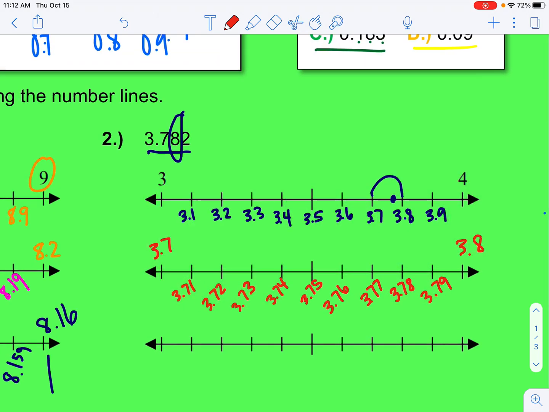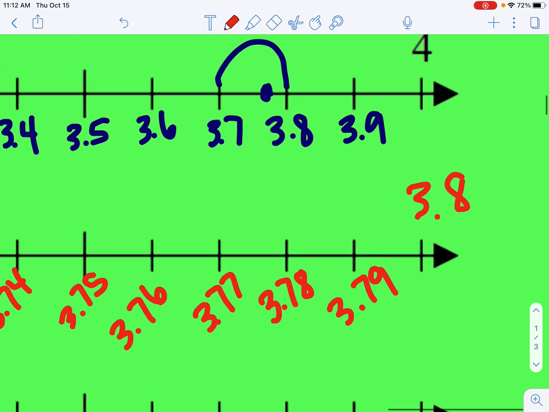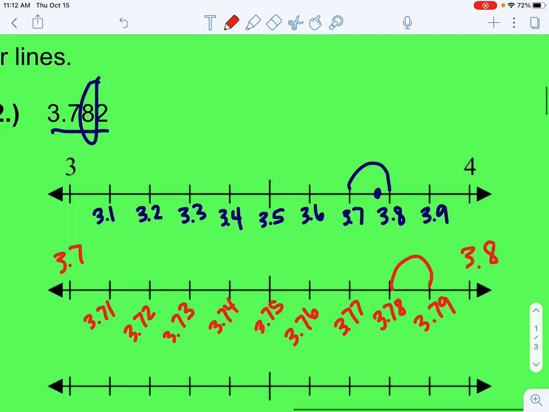Alright, so I have my number line filled out. Now I look at my number. It's 3 and 78 hundredths. So that tells me I'm going to be somewhere between 3 and 78 hundredths and 3 and 79 hundredths.